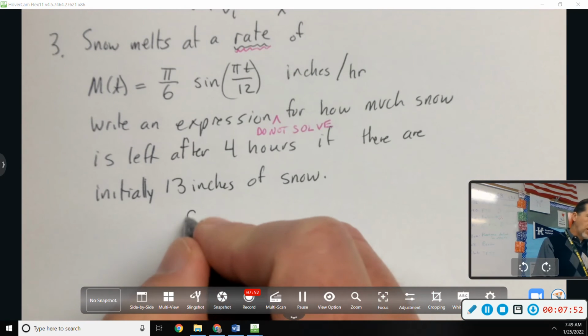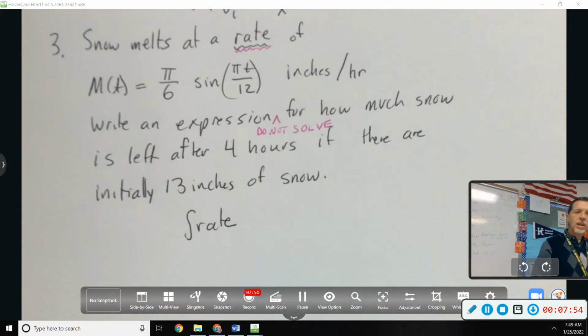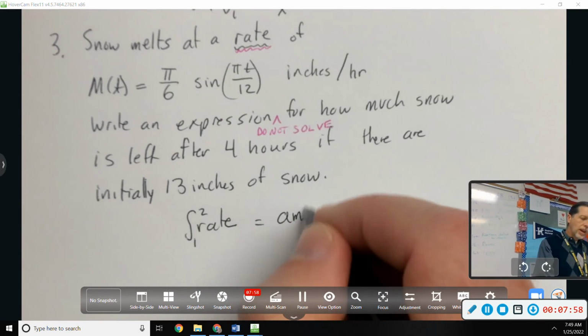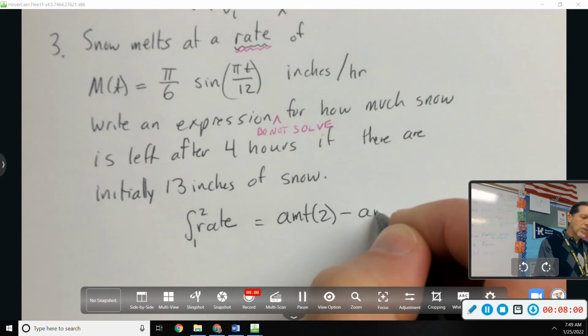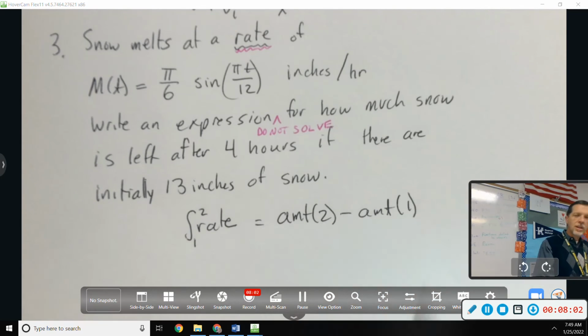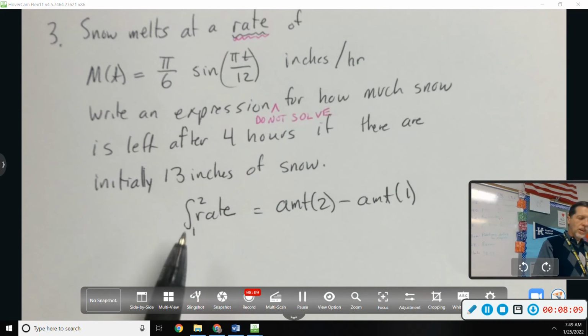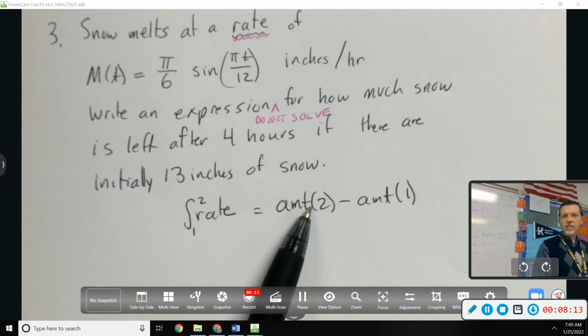So if I integrate the rate from time 1 to time 2, I get the amount at 2 minus the amount at 1. Very roughly speaking, that's the first fundamental theorem of calculus. The antiderivative of the derivative gets you back to the original.